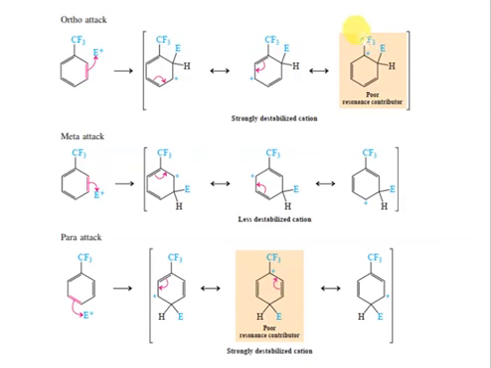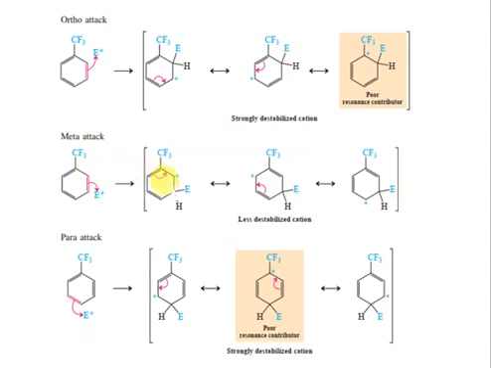This trifluoromethyl group is highly electron withdrawing, so it is not able to stabilize this positive charge. Here we have a deficiency, and this group is creating much more deficiency. So this group is decreasing the stability of this carbocation. This is the most unstable carbocation, so this product will not be formed, and if it is formed, it will be formed in very small amounts.